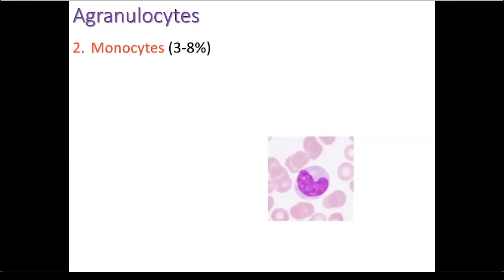The second agranulocyte is a monocyte. Monocytes make up about 3 to 8% of the leukocytes. They are the largest of the leukocytes. When they leave the blood, they become macrophages.